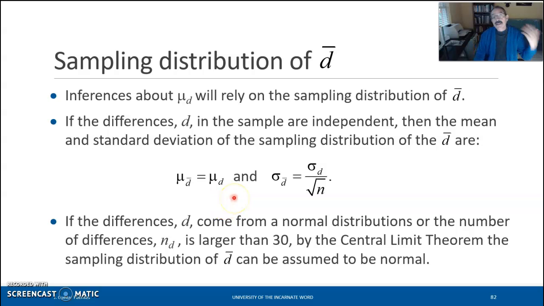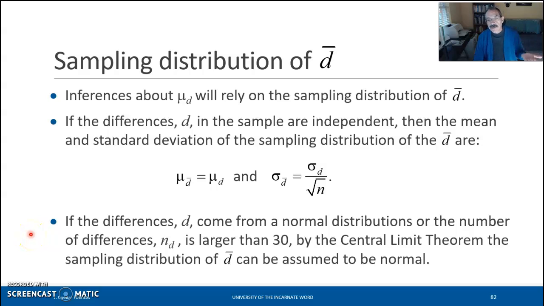To make an inference about the population mean of the differences, we're going to rely on the sample mean of the differences. And for that, we need to use the sampling distribution of D bar. If the observations in the sample, the D's, are independent, then you know that the mean of the sampling distribution of the average of differences is just mu sub D, and the standard deviation of the sampling distribution of D bar is just the standard deviation of the population of differences divided by the square root of the sample size.